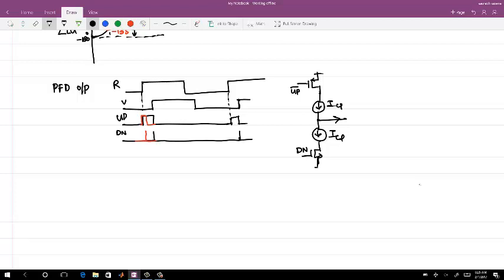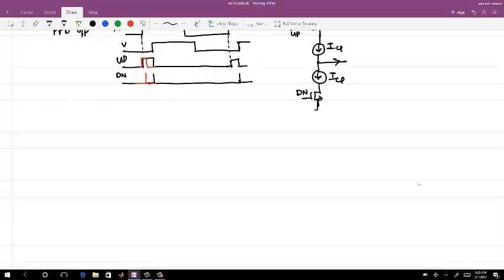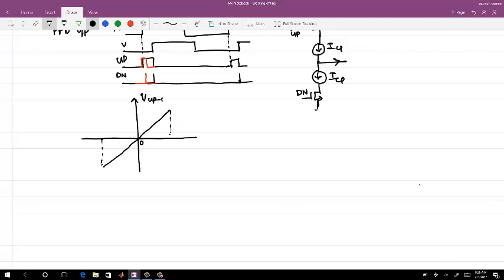It may not be able to switch on. So when we started with this PFD, we had a nice gain characteristic passing through 0. This is V of up minus down bar, with respect to phase error, between 2 pi and minus 2 pi.